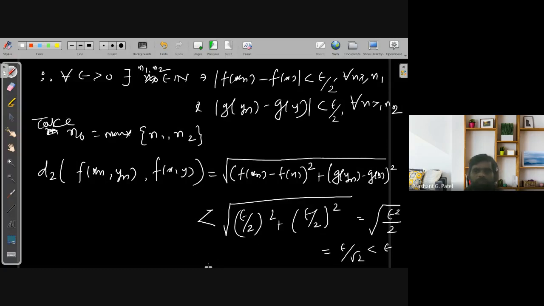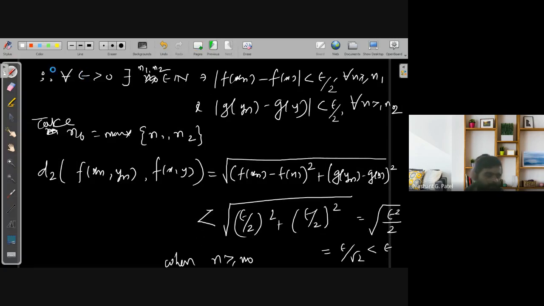So whenever n is greater than or equal to n0, this inequality will be true. So for every n greater than or equal to n0, we have this, which implies less than epsilon.